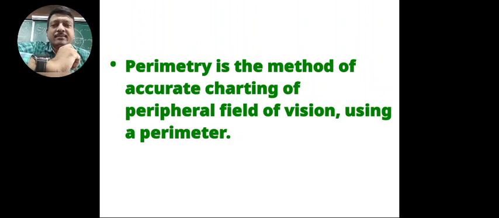Rough estimates of the peripheral visual field are done by the bedside confrontation test, which will be discussed in the subsequent class. And accurate estimation, or demarcation, of the peripheral field of vision is done by the perimeter.